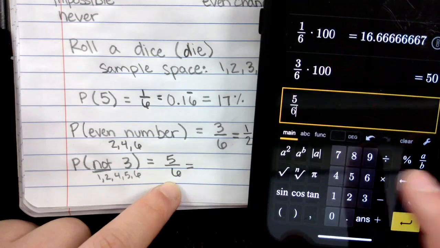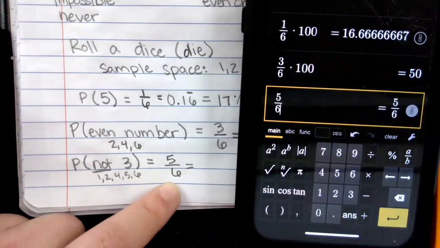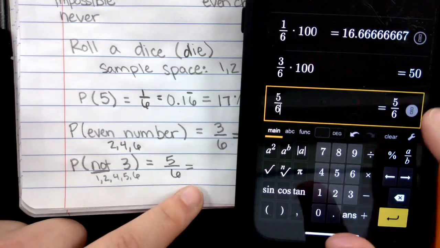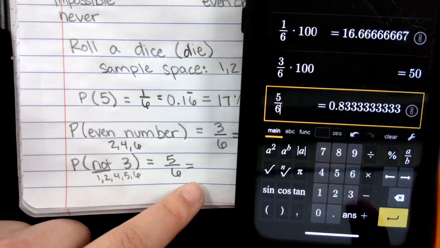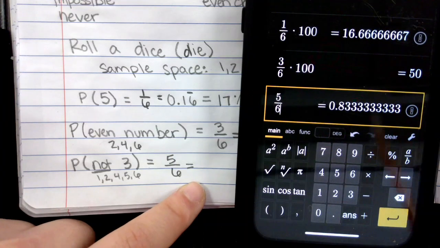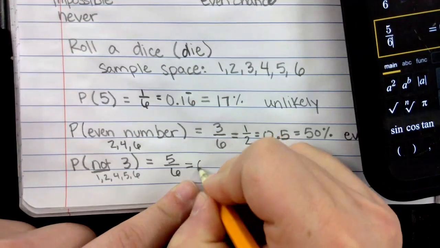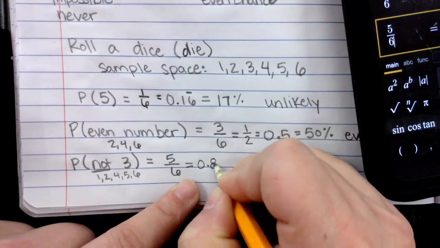Okay, and to get it into a percent, we do times 100. Again, let's actually do it per decimal this time. It'd be 83.3 or 83.4. Good, we stay 83.3.